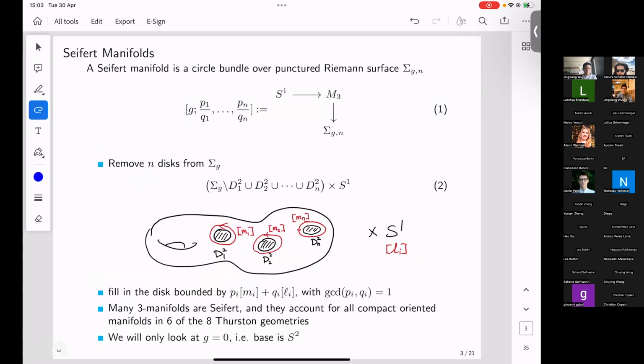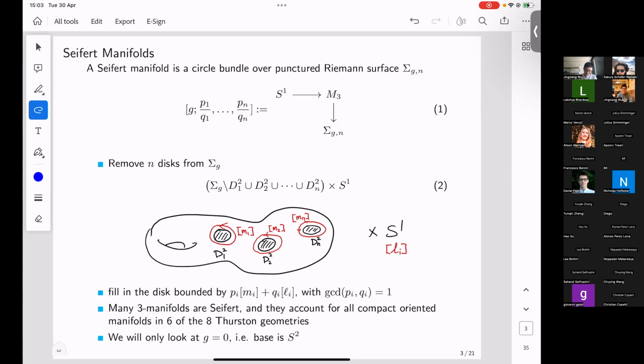On the geometry side, we start with a special type of three-manifold called a Seifert manifold. This is very easy to describe. It's a 3D manifold that's a circle bundle over a punctured Riemann surface of genus g with n punctures. To construct this manifold, you take a Riemann surface and remove a few small disks.